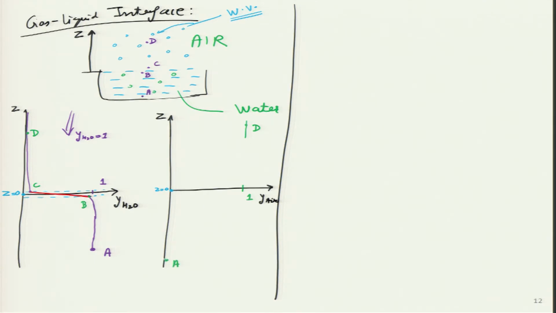Then point C will be close to 1, but a little bit less. This curve is increasing like this, the other curve is decreasing like this, and this huge jump I will show in red color. What is this huge jump? It is across that very, very thin interface.